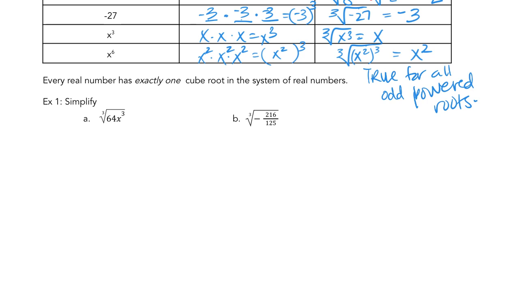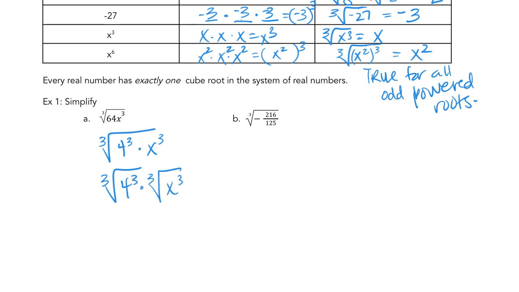So I want to simplify the cube root of 64x cubed. So this is just sort of similar to what we did yesterday with the square roots. So I know that the 64 can be written as 4 cubed, and x cubed is already cubed. So you don't have to write all these steps, but I'm going to go ahead and just write them for a minute so you can see.